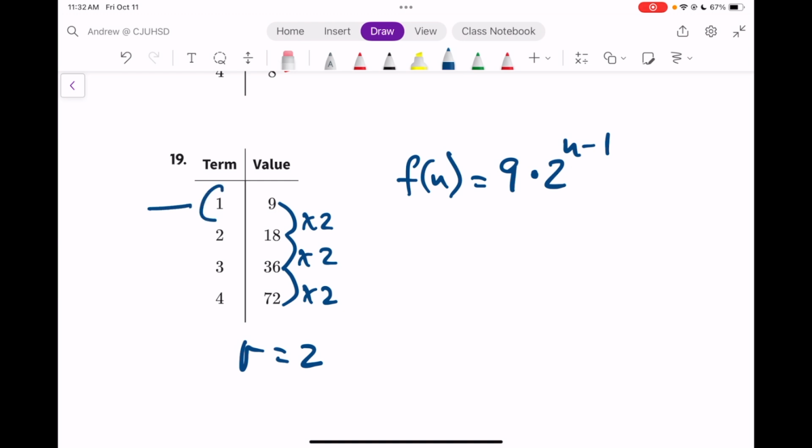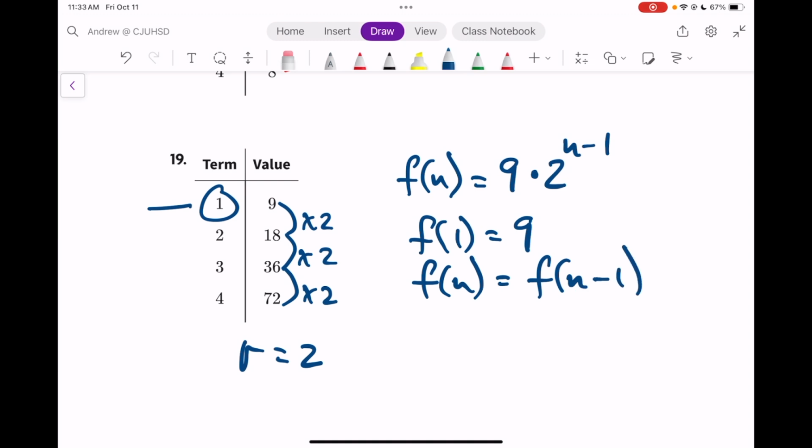Again, we're starting at 1. Recursively, we start at 1, and the first term is 9, and to the previous, we're going to multiply by 2. We could put the 2 at the end, we could put the 2 at the beginning.